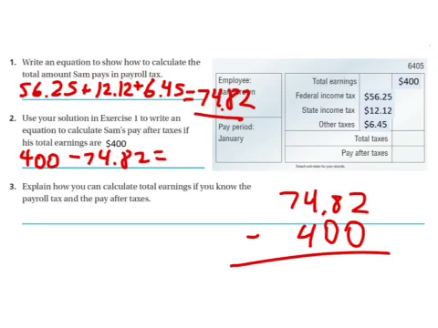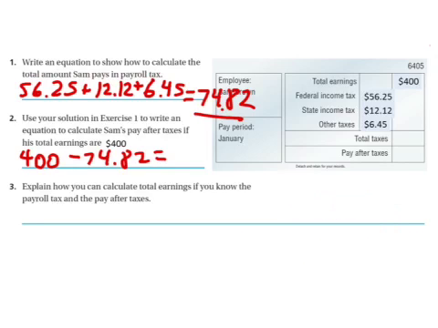But the problem with this is that this is 82 cents, okay? We need to line up the pennies in this amount with the pennies in this amount. This is the ones and tens place. We don't see pennies in there. We see dollars, $1 bills, $5 bills, $10 bills.